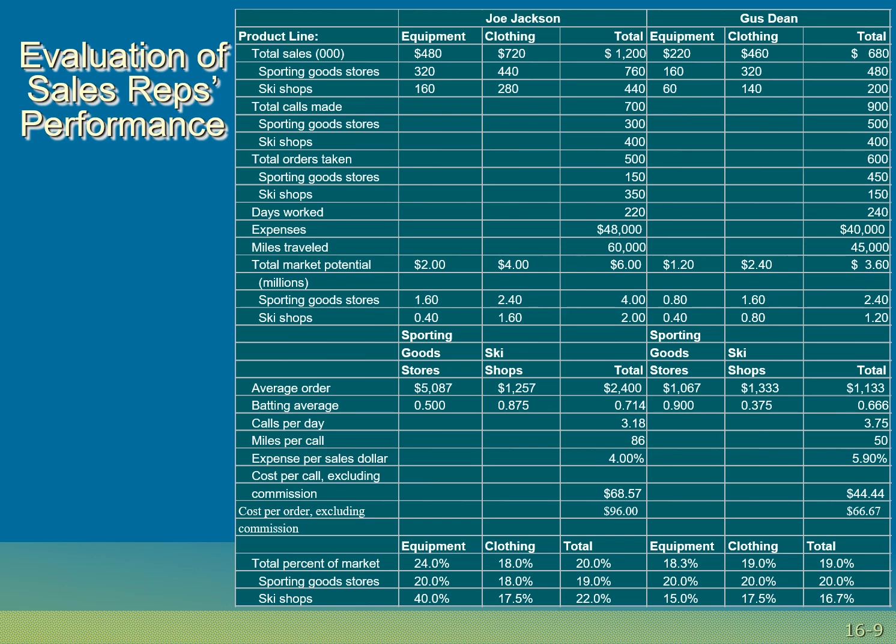Joe sold $480,000 worth of equipment, $720,000 of clothing. Okay, and then his total is $1.2 million he sold for the company.